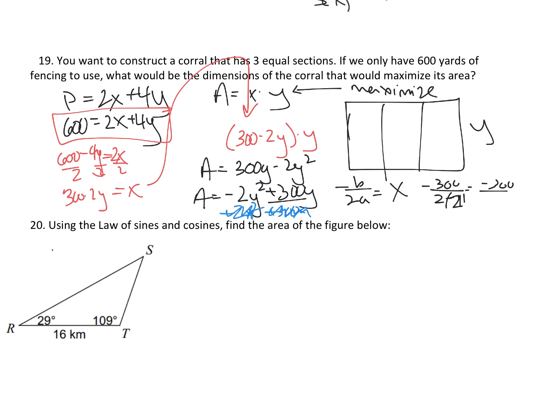So negative 300 over -4 gets me a y value of 75. So the y dimension is 75. Then to get x, I just plug 75 back into my isolated equation, and I get that my x dimension has to be 150.